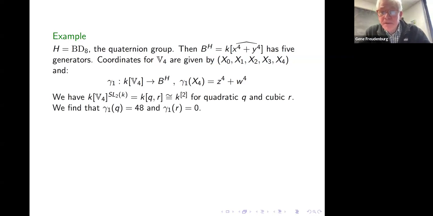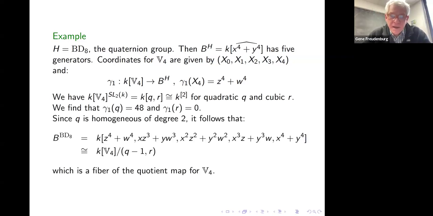This is generated by a quadratic Q and a cubic R. So we find that Q gets sent to 48 and R gets sent to 0 by this map. So since Q is homogeneous of degree 2, it follows that I can write this invariant ring using these 5 generators, and that is isomorphic to KV4 modulo that ideal Q minus 1 and R. And this again is a fiber of the quotient map for that SL2 module.